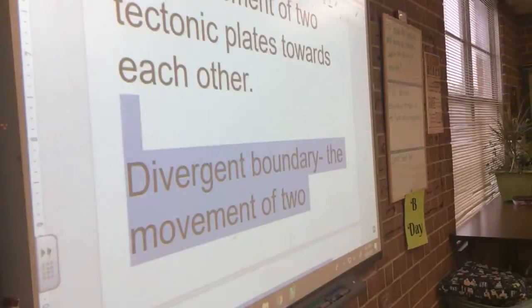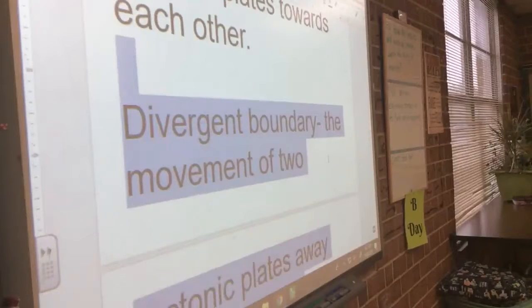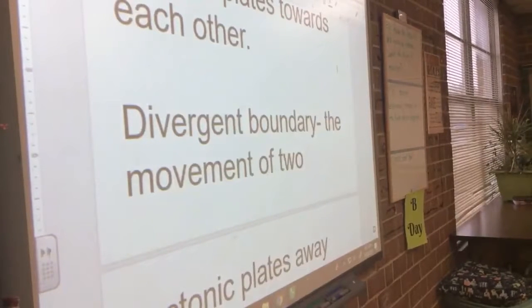All right, divergent. Who's read the book or seen the movie Divergent? In that movie, Tris, the main character, is different from everybody else. That's why they call what she is divergent.